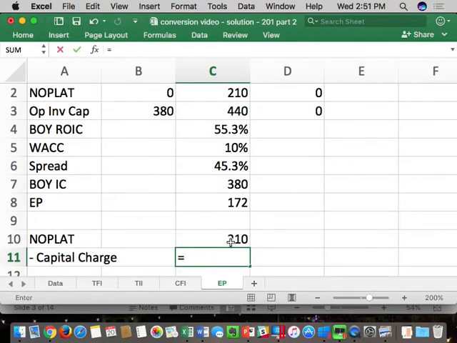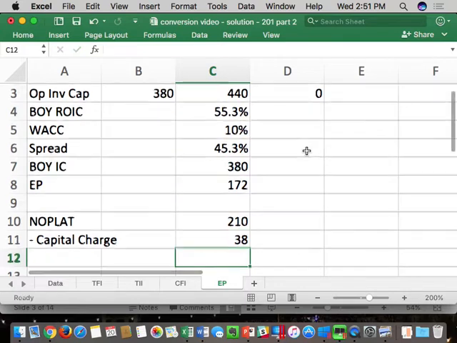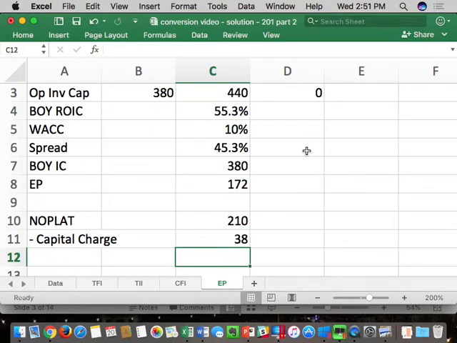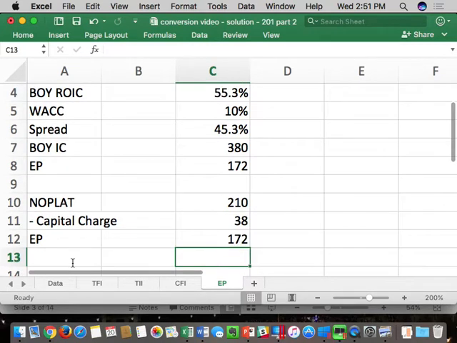My capital charge says I had 380 million worth of capital, and I needed to make 10% on that on a risk basis to break even, or $38 million. So I made 210. I needed to make 38. My economic profit is the 210 minus 38. I made 172 million more than was necessary to get an NPV 0 project. That's the whole point of economic profit.